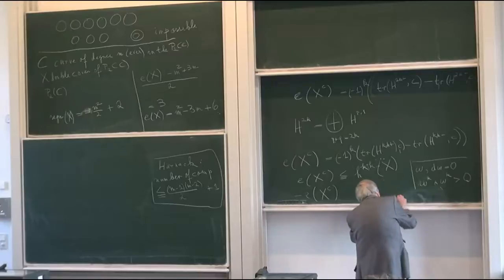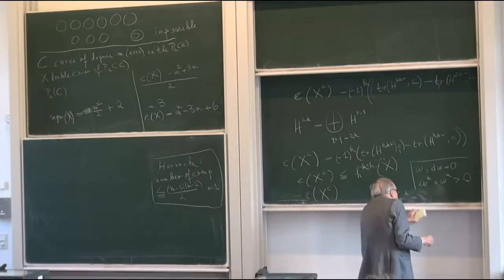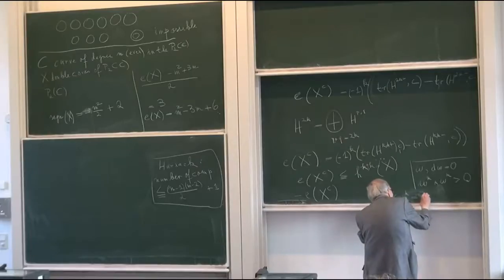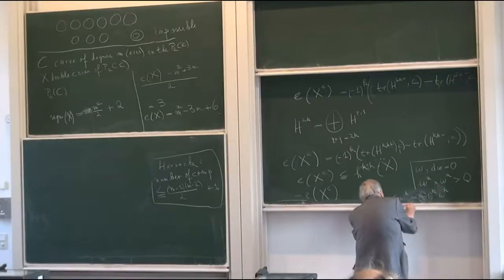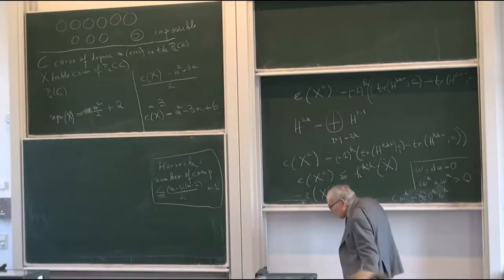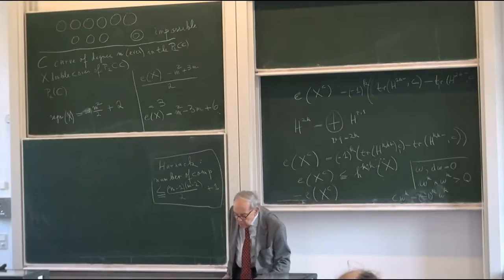So C applied to omega to the k is minus 1 to the k, omega to the k. And therefore, I should not carry this out.